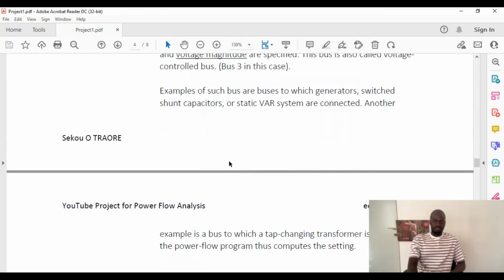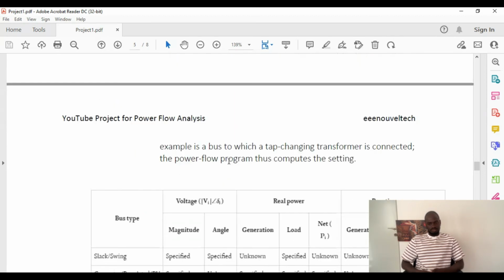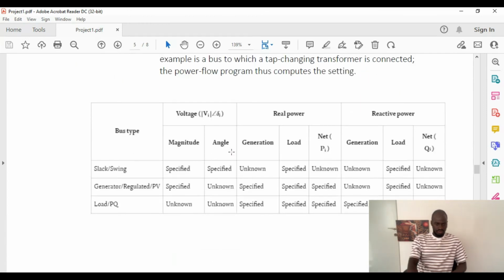Another example is a bus to which a tap changing transformer is connected, for example an OLTC transformer, or on-load tap changer. So you can see the types of buses and the parameters, voltage, real power and reactive power, according to the bus type: slack bus, generator bus, load bus.